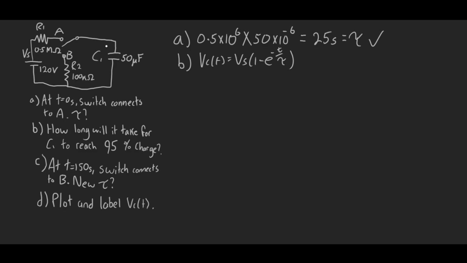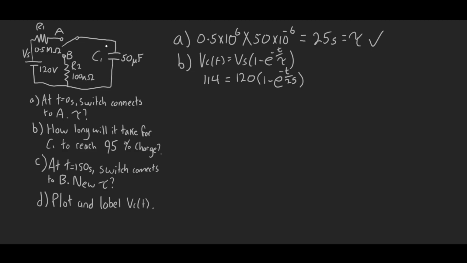So 95% of 120 is 114. So 114 equal to 120 bracket 1 minus e to the minus t over 25, because we calculated tau to have a value of 25 seconds.